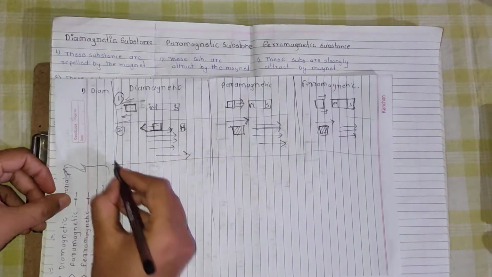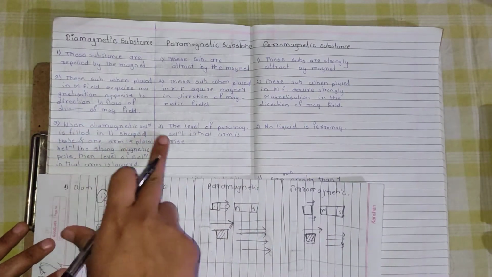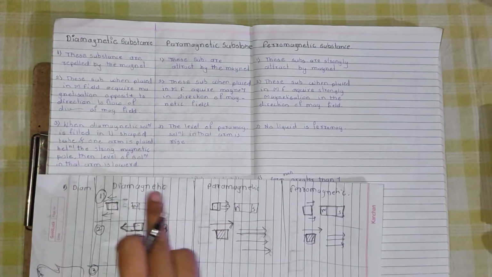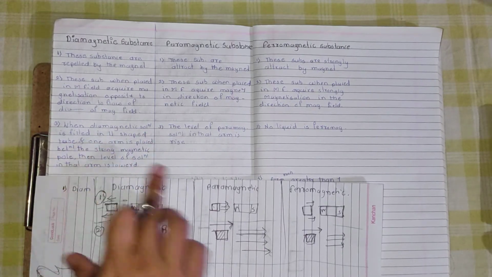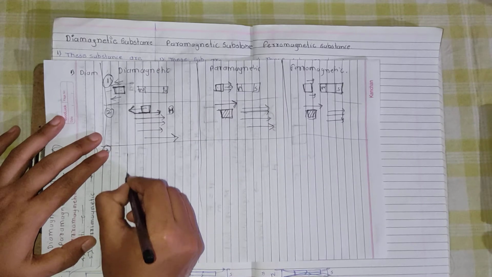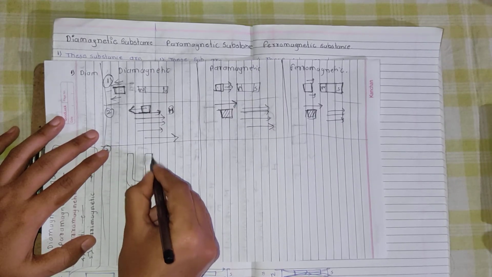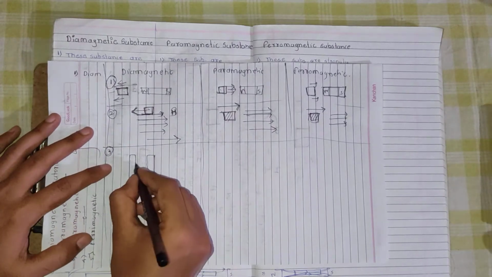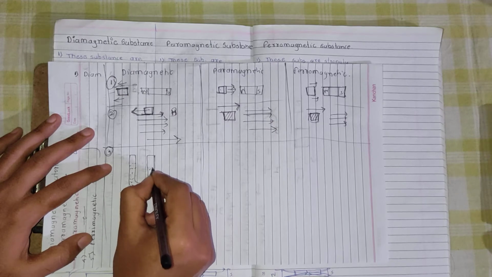Third point: when a diamagnetic solution is filled in a U-shaped tube, consider this one is a U-shaped tube and the liquid diamagnetic substance is filled in this tube.